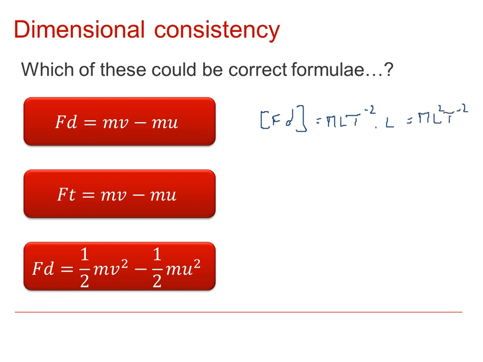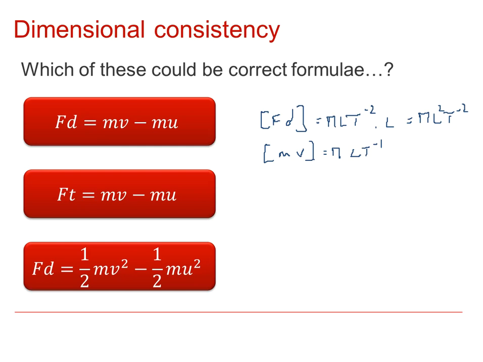On the right hand side we've got a mass multiplied by velocity, so mv and mu are both the same because v is a velocity and so is u, so we've got mass multiplied by velocity here, and velocity is L T to the minus 1. So there we've got MLT to the minus 1. So that's inconsistent, and therefore that formula can't be correct.